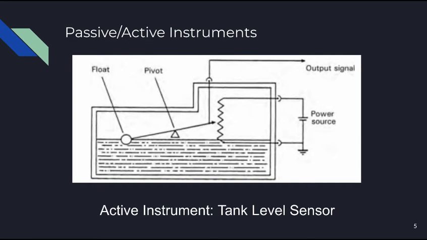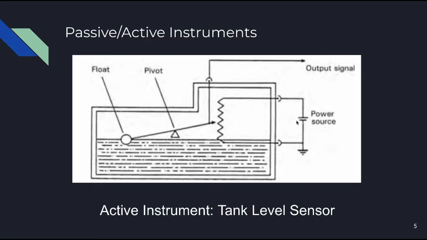An example of an active instrument is a float-type petrol tank level indicator as shown here. Here, the change in the petrol level moves a potentiometer arm, and the output signal consists of a proportion of the external voltage source applied across the two ends of the potentiometer.